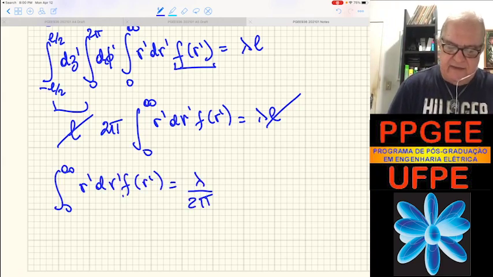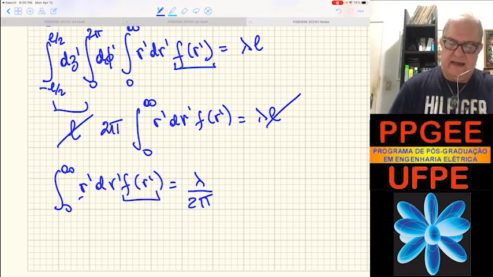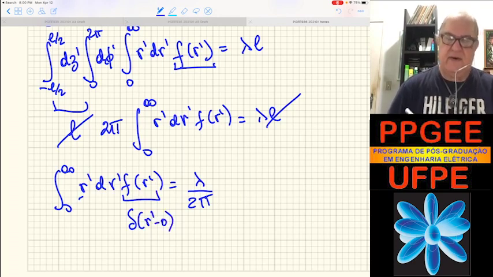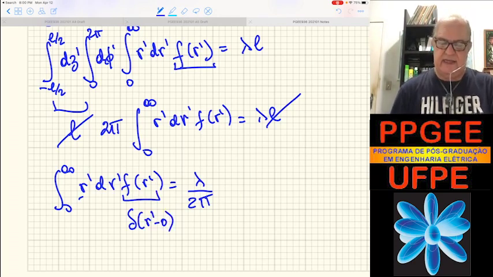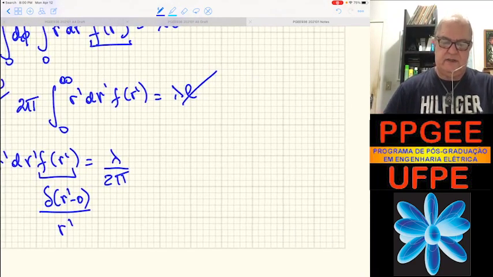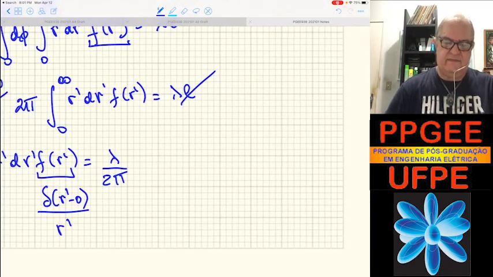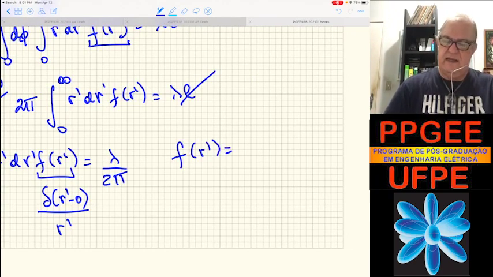Now we have to have something here that cancels this r prime. So we have to have a delta function, r prime minus 0, at the z-axis, divided by r prime. So we already have the definition of f of r prime: it's delta of r prime over r prime.